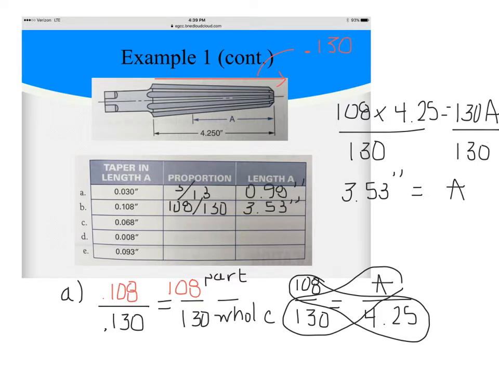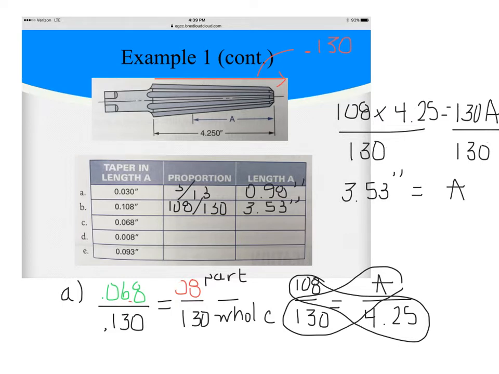If we move on to part C, the length of the taper is 0.068. So instead of it being 0.108, it is 0.068. What part of the entire taper is that? Well, I need to divide the 0.068 by the entire taper length, which is 0.130.